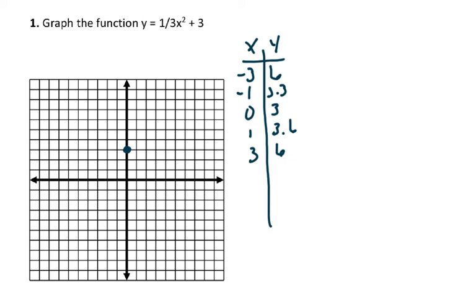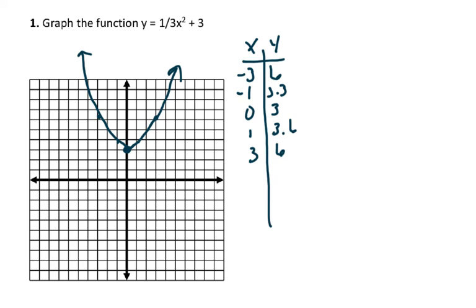If I graph those other points real quick, I've got -1, barely up a little bit, and 1, barely up a little bit, and then I got 3, 6, and -3, 6. So my graph for this thing is going to look something like this.